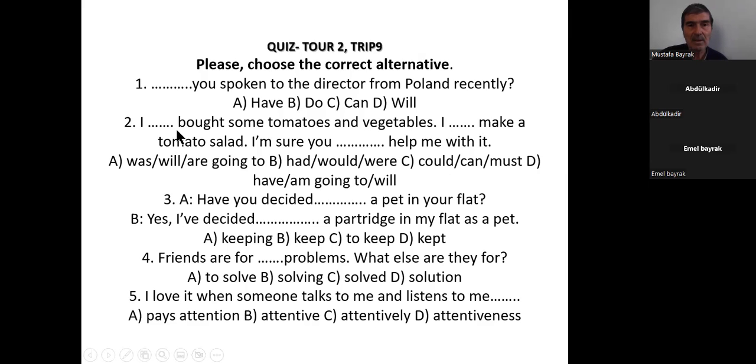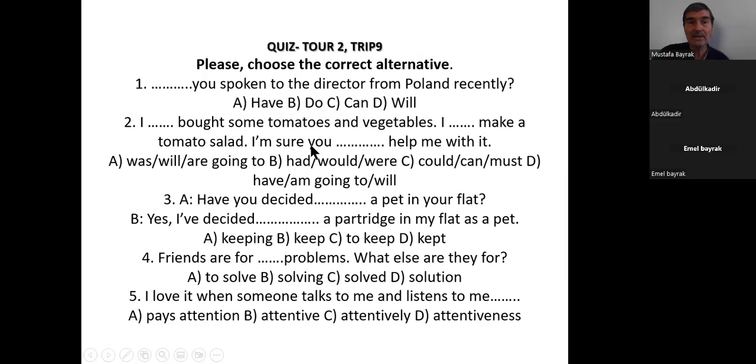So we need here have: I have bought some tomatoes and vegetables. I am going to, these are the evidence. So future be going to.